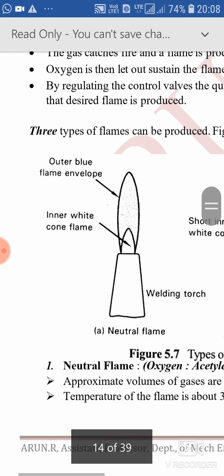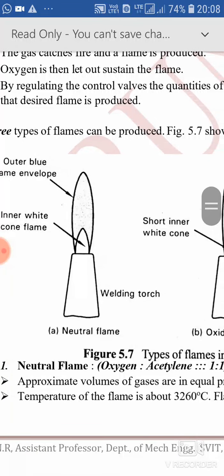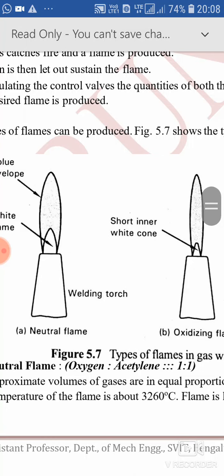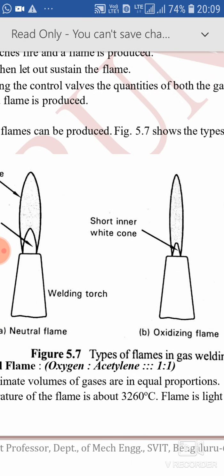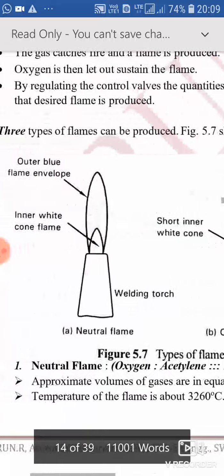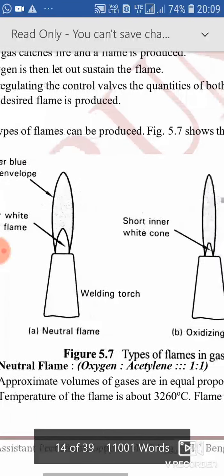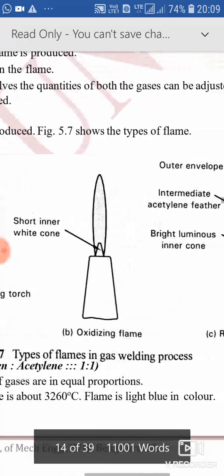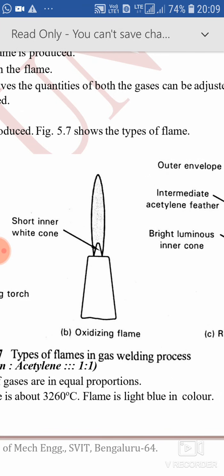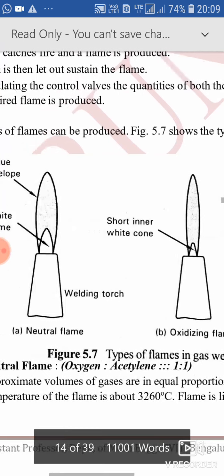First, the neutral flame, oxygen to acetylene 1 to 1. When we supply oxygen and acetylene by volume 1 to 1, a neutral flame is obtained. The approximate volumes of gases are in equal proportions. The temperature of the flame is about 3060 degrees centigrade. The flame is light blue in color.